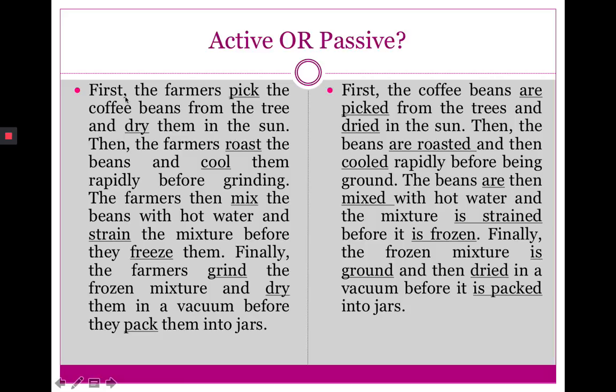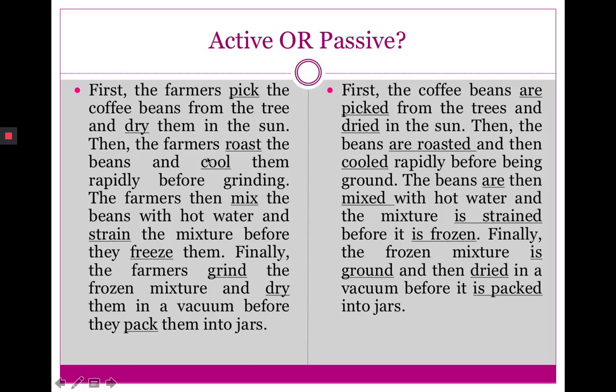So let's have a look at the left box first. If you were writing in the form of active sentences, this is how you are going to write the process. First, the farmers pick the coffee beans from the tree and dry them in the sun.